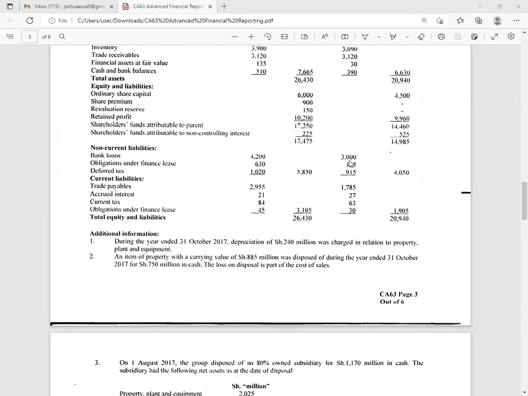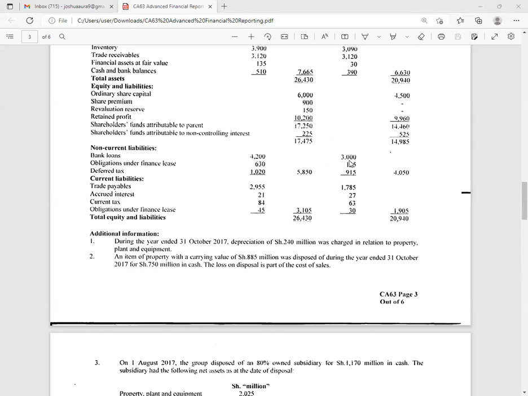I'm doing my T account for the bank loan. So brought down, I can see on the credit side is bank loan 3,000. And then carried down on this side here, I can see it is 4,200.